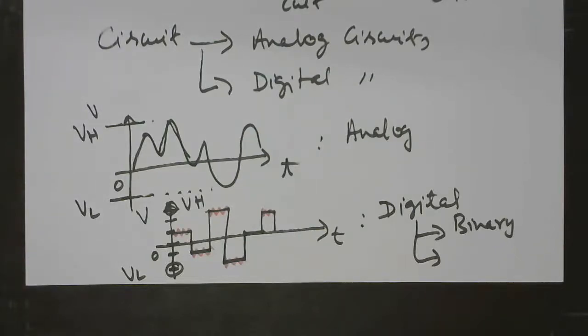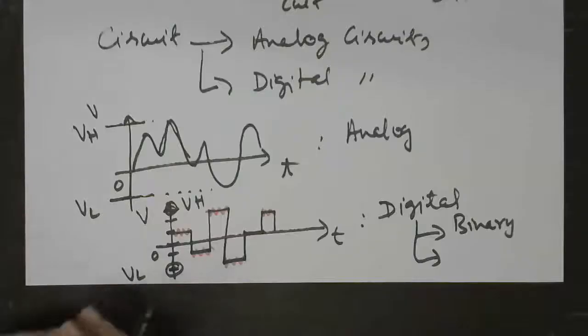Second is that using digital circuits, we can implement a few very simple mathematical operations, and those operations can then be used to implement any complicated functionality. So these two reasons, immunity to noise and ease of implementing any given functionality, are the main reasons why digital circuits have become more popular.